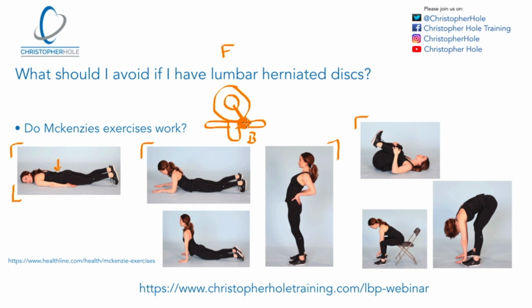So that is just in a sense countering what's been created in regards to a herniated disc. So the fluid has moved from the middle to the back. If we lie on our front, we can use gravity to allow that to sink back into the middle, if that makes sense.